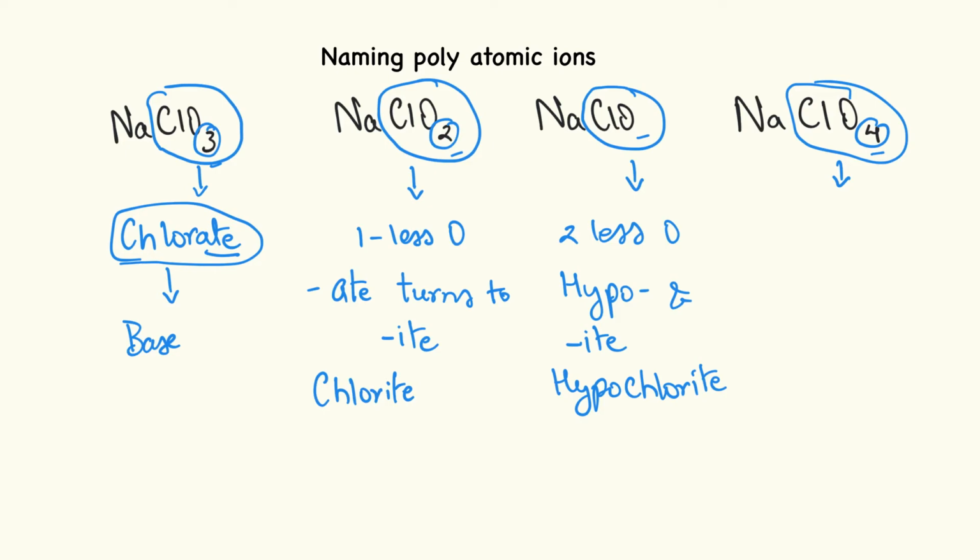So let us see how the name of this ion is going to be modified. Instead of changing the suffix of the anion, you're going to add a prefix per. And so per is a prefix that denotes you have 1 extra oxygen compared to the base ion. And so per means 1 extra.